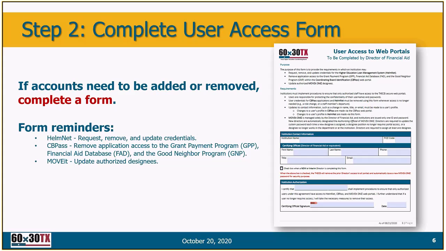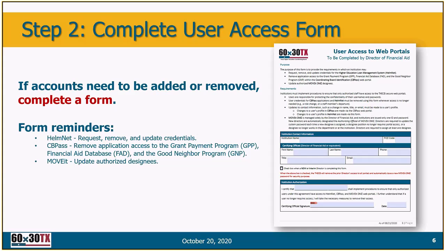So on this form, we have three different applications that you can request the removal of access, which includes grant payments, financial aid database, and good neighbor program. The last thing on there is Move It. This form is used to update authorized designees, and we'll go through that on the form in a little bit more detail.